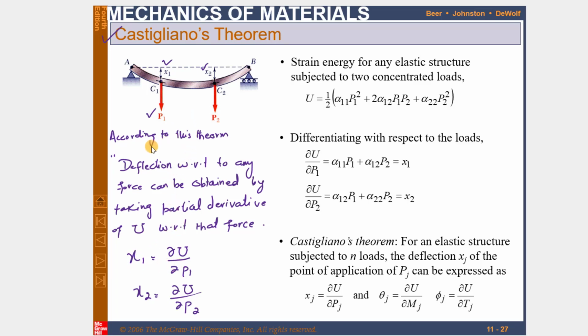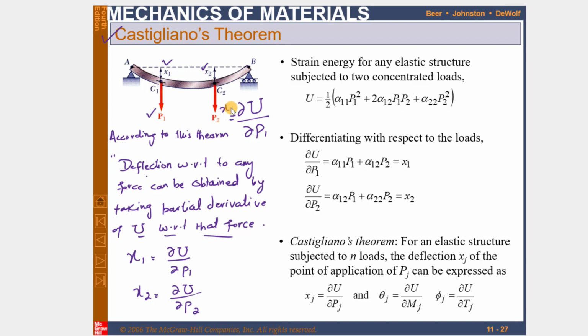I will repeat the definition of Castigliano theorem: Castigliano theorem states that deflection with respect to any force can be obtained by taking the partial derivative of total strain energy with respect to that force. So in this case, if U is the total strain energy of this beam, you can find x1 by taking the partial derivative of that total strain energy with respect to that force P1.